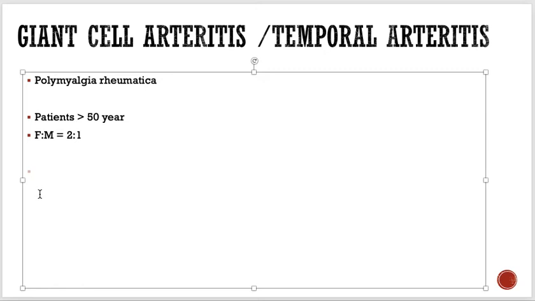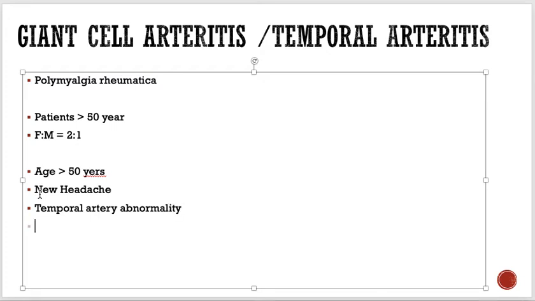The diagnostic or classification criteria says: age of onset more than 50 years, new headache, temporal artery abnormality, like when we palpate the temporal artery they feel pain or there is tenderness over that area, and elevated ESR.